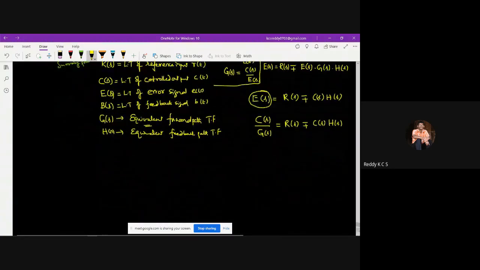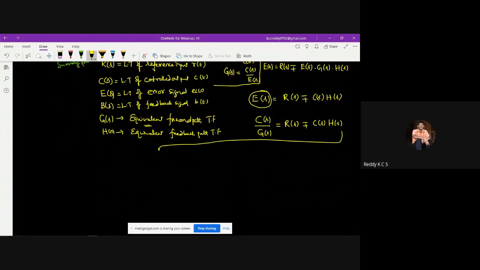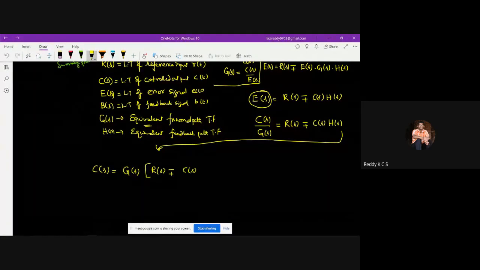So C of s is equal to G of s into R of s minus R plus C of s into H of s.